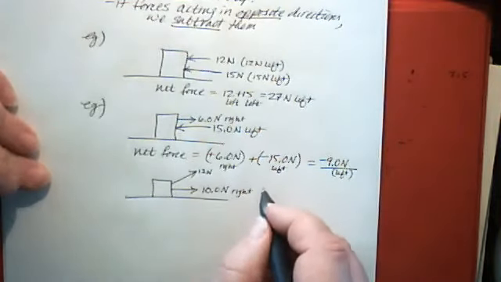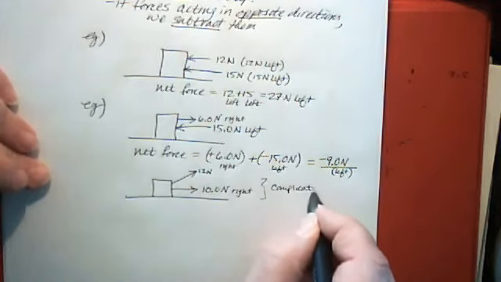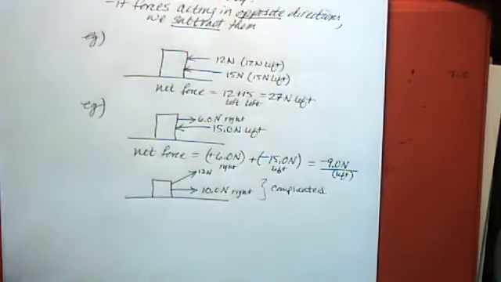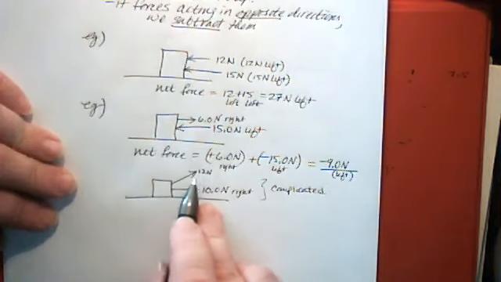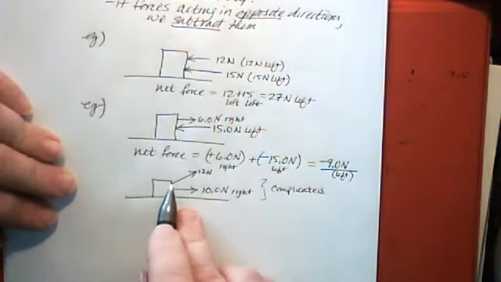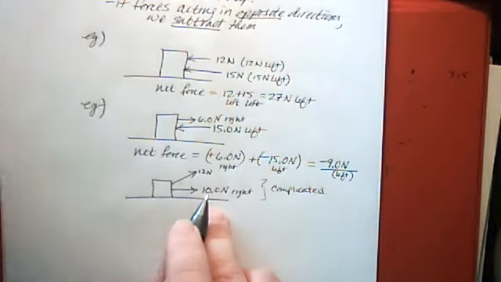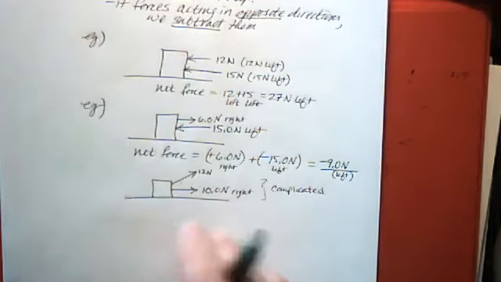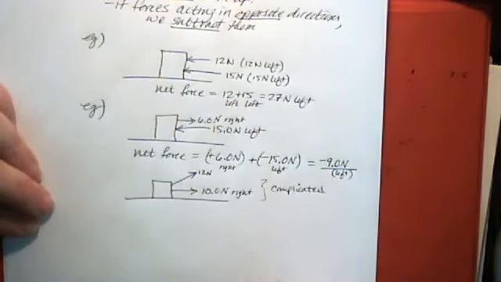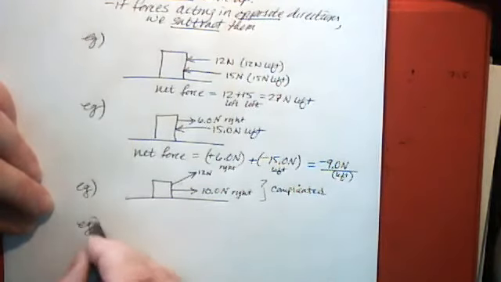And that gets complicated. That calls for the use of things like sine and cosine in order to figure out what proportion of this force is going to the right versus what proportion is going up. And so that's a little beyond what we need to get into in this class. So we'll just say that that's complicated and we don't really have to worry about it.